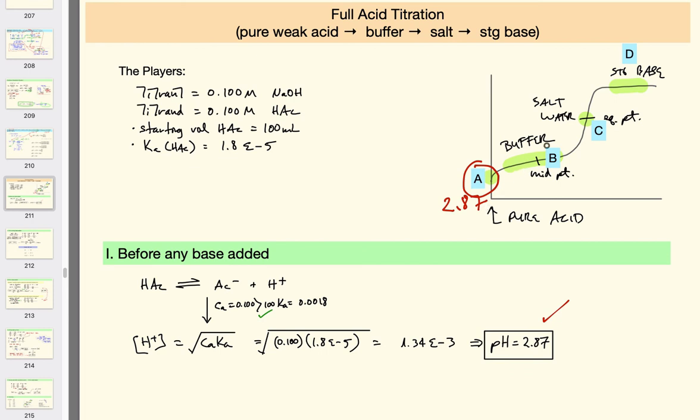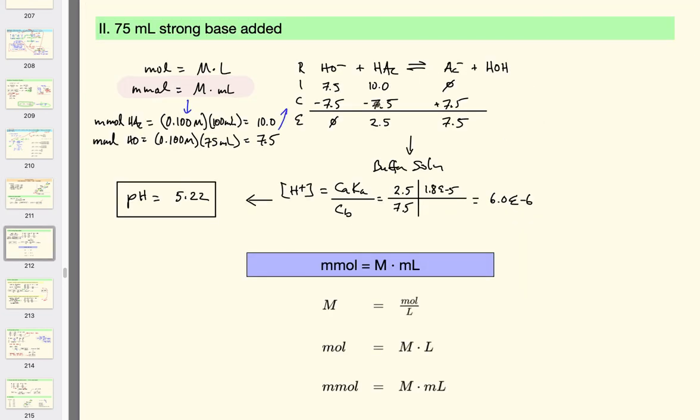Simple enough. Now what we're going to do is add a little bit of base, and by a little bit I mean 75 milliliters. Now, because we're adding different volumes, we're going to have to go back and do the mole thing.